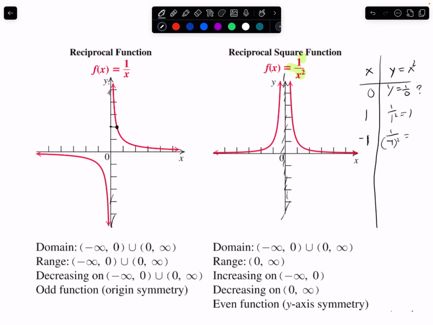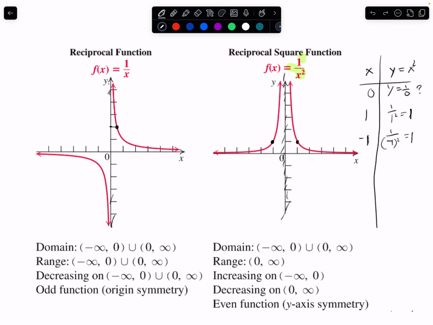Oh, this is getting messy for some reason. Let me just switch to pen. So still positive 1. So that means I got positive 1, positive 1. I've got negative 1, positive 1. Right? That's kind of like the starting spot. And then just like the 1 over x function, from there it's going to have the sort of same shape going upwards towards that asymptote and downwards toward that asymptote.